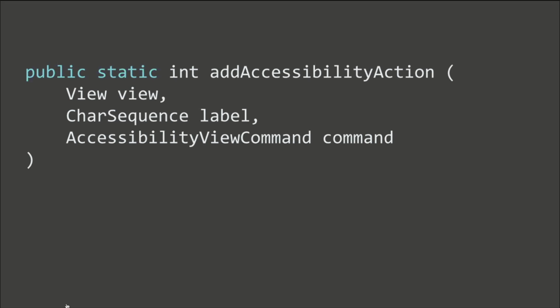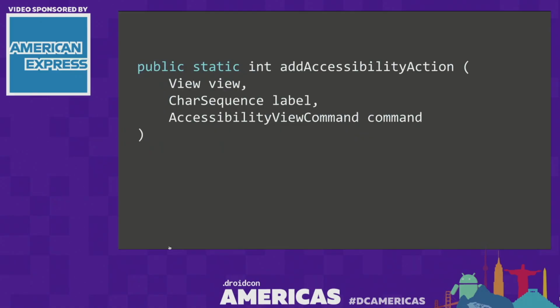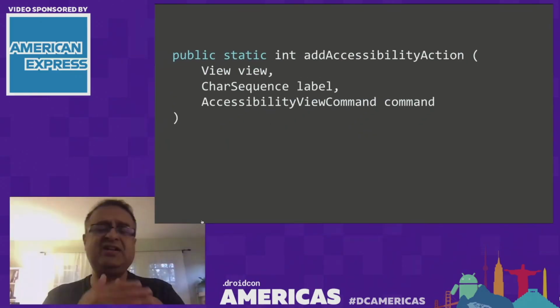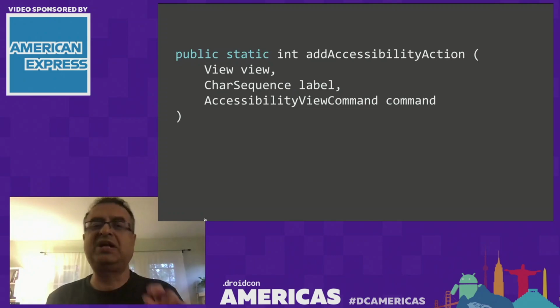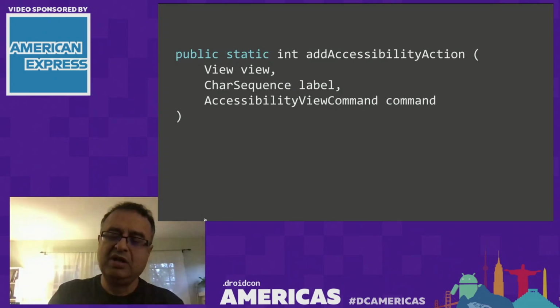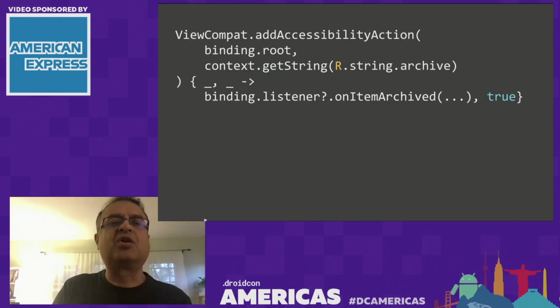So the only question we really have to answer is how to hook in that logic with the accessibility service. ViewCompat has a wonderful API. We'll return to this over and over in this talk. It's addAccessibilityAction. It takes a view as a first argument, which typically in our case would be the root of the task, which is the card view. It takes a label, and it takes a callback, some code that it can run and associate with that label and that view. So how does this work for us?